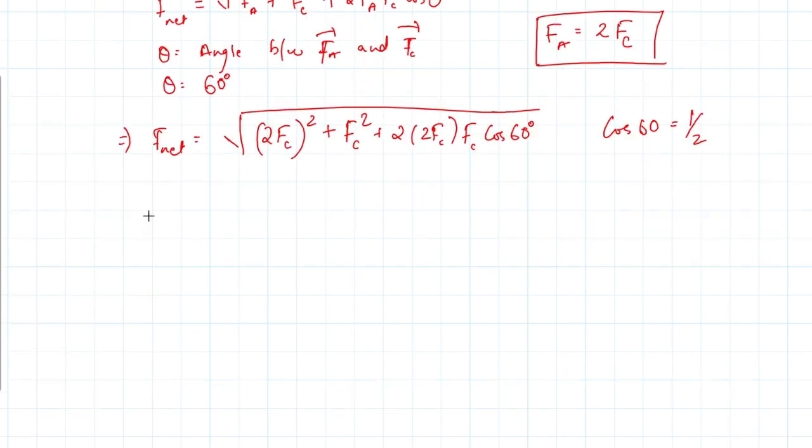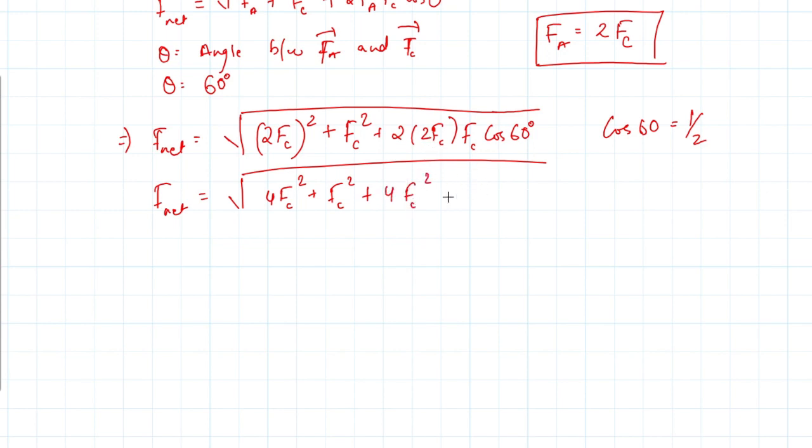Let's further solve this one. 2Fc whole squared means 4Fc squared. Then Fc squared only. Then 2 times 2 is 4, and Fc times Fc is Fc squared, with cos 60 equal to half.